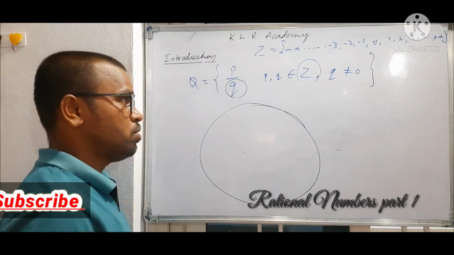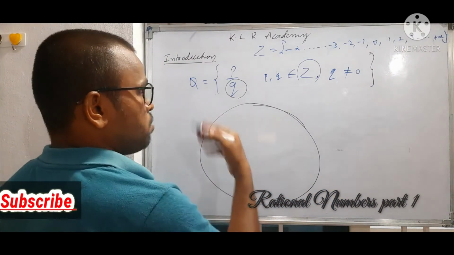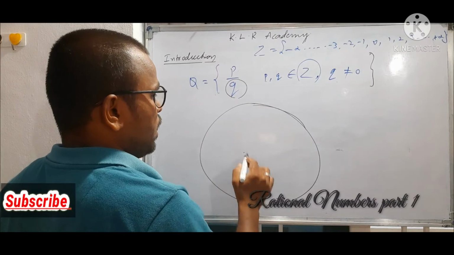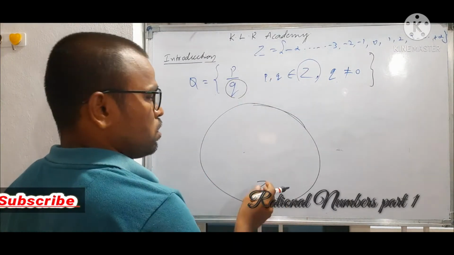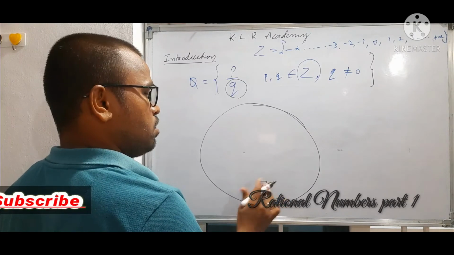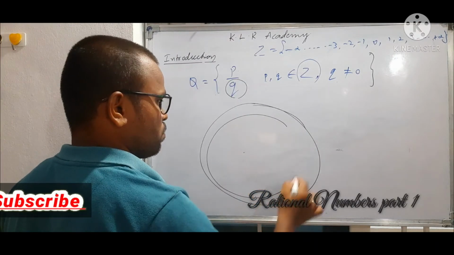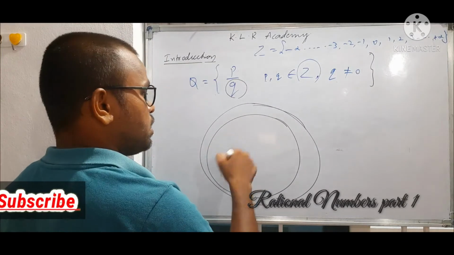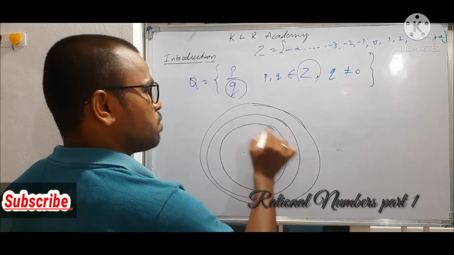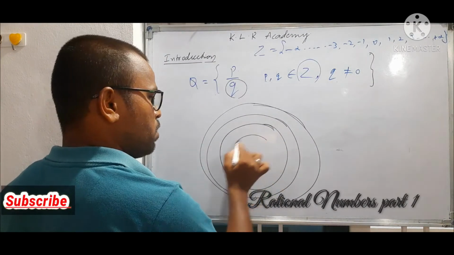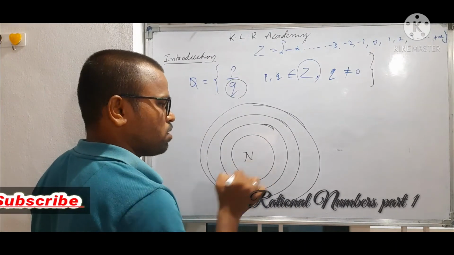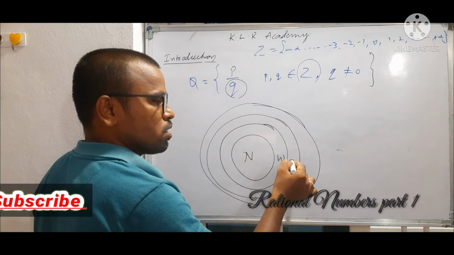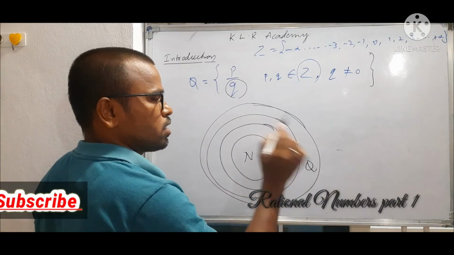Integers also contain whole numbers, and whole numbers contain natural numbers. So these are natural numbers, whole numbers, integers, and rational numbers.